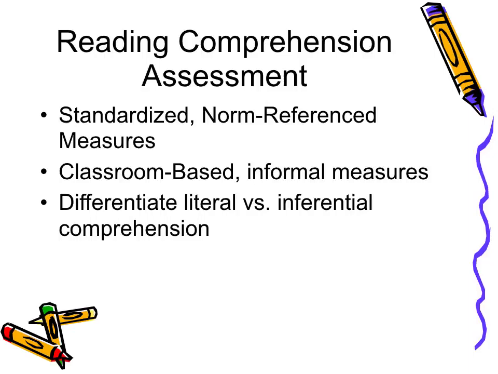Sometimes they have difficulty with both, but the intervention approach is going to be very different and targeted more specifically regarding which area that they struggle with greater. Different strategies go into strengthening literal versus inferential comprehension.